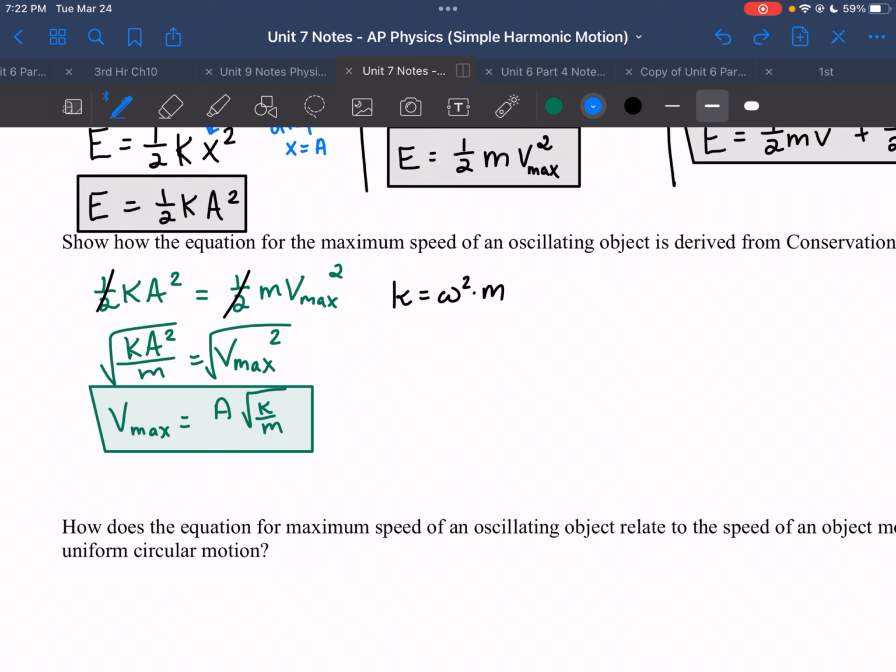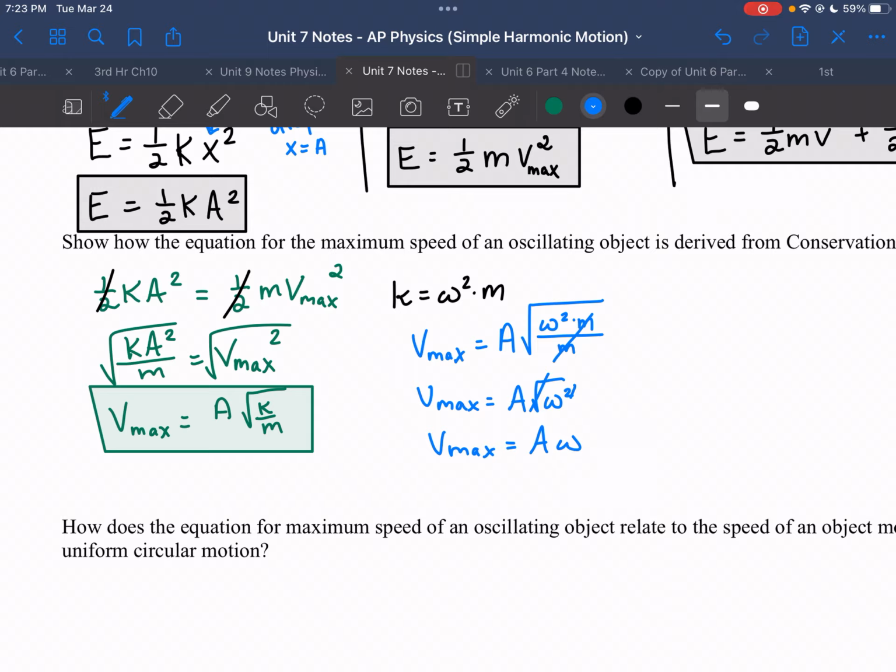So let's do that. V max is equal to the amplitude times the square root of, we're going to replace k with omega squared times m divided by m. Well, masses go away, so we have the max velocity is equal to the amplitude times the square root of omega squared. Well, that goes away. So we have that the max velocity is equal to the amplitude times omega.